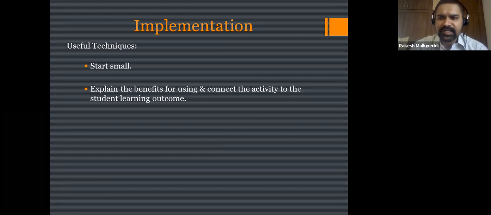Different people come from different areas, and not everyone is used to the same type of teaching. If you are talking of debates or group sessions, not every student is used to it.